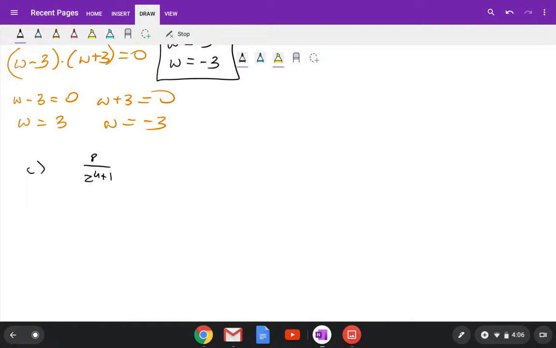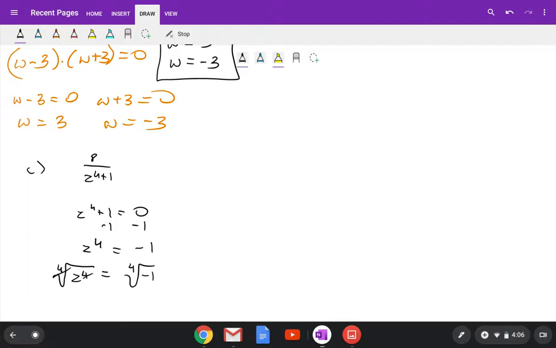So the idea is the same. You take the denominator and you make it 0, and you're trying to solve for z. So if you isolate z on the left side, you end up with z to the power of 4 is equal to negative 1. And then to solve for z, you should take the root of index 4 from both sides.